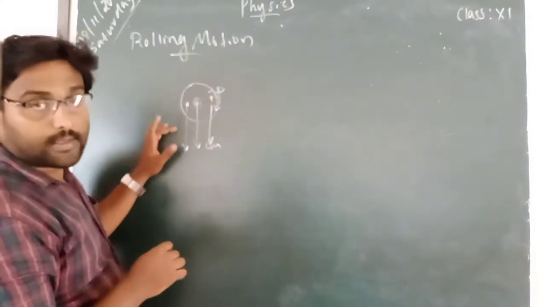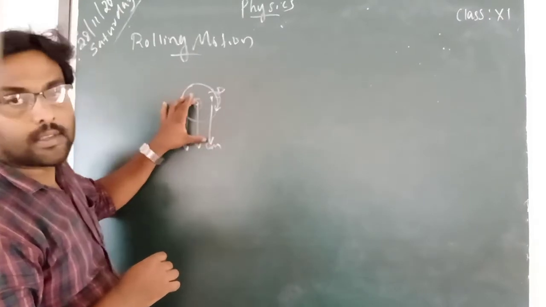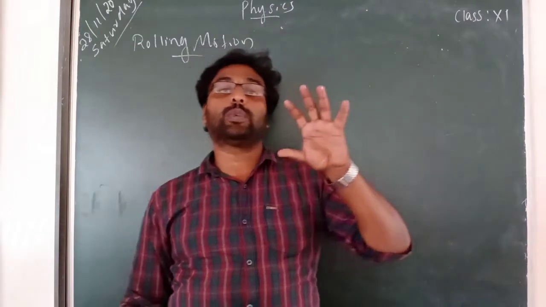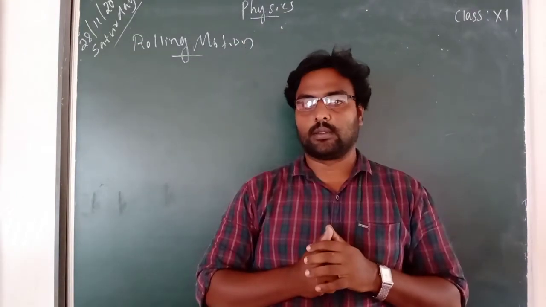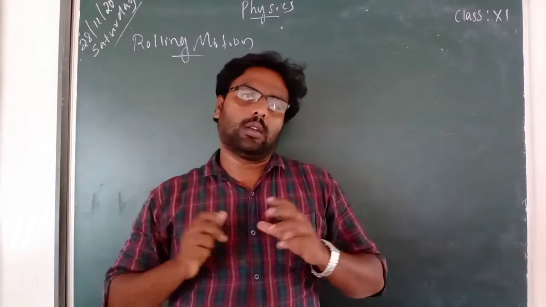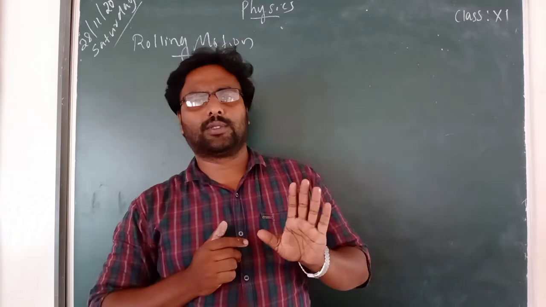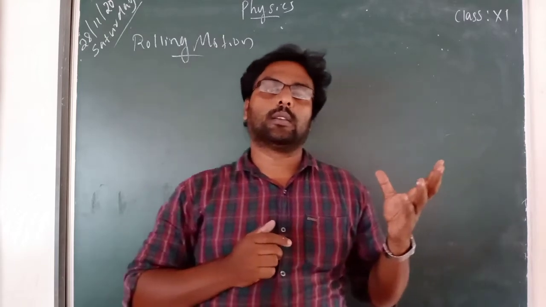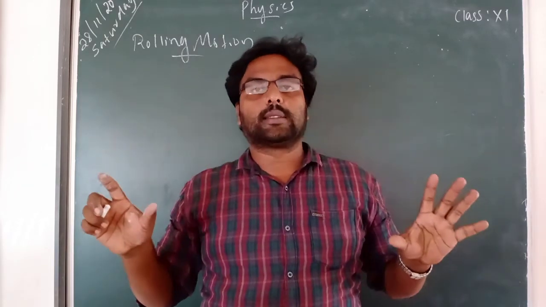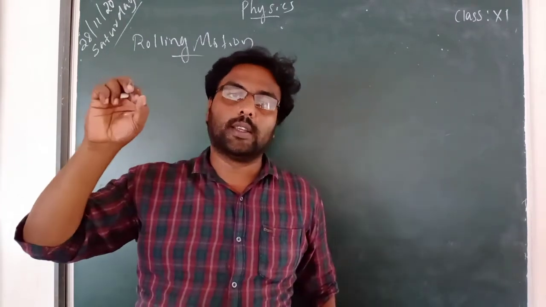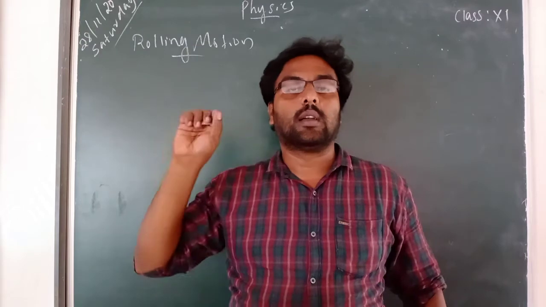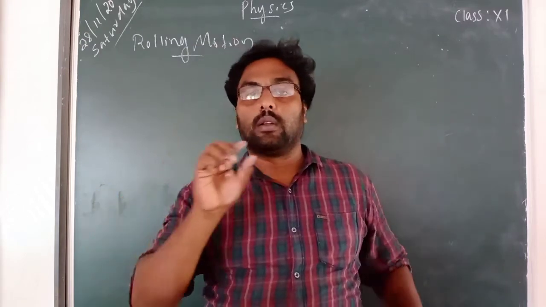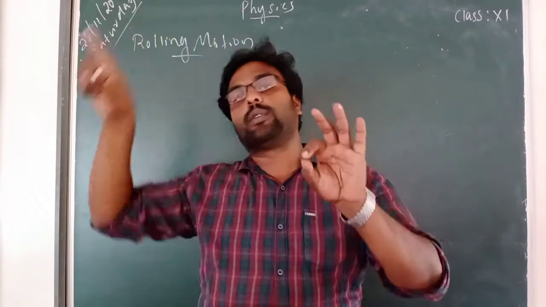Translational motion is always along with the center of mass, and rotational motion is with respect to the center of mass. So that is rolling motion. Remember these two points here. That's all. Any point you can choose from a disk, all the points in the disk have translational motion along with the center of mass, and rotational motion with respect to this center of mass.